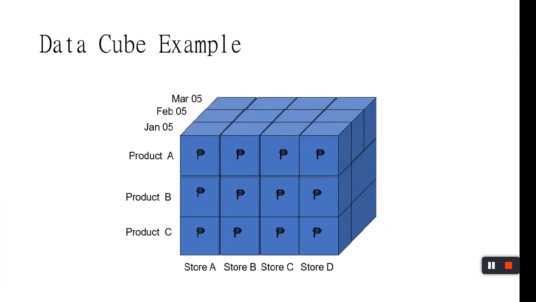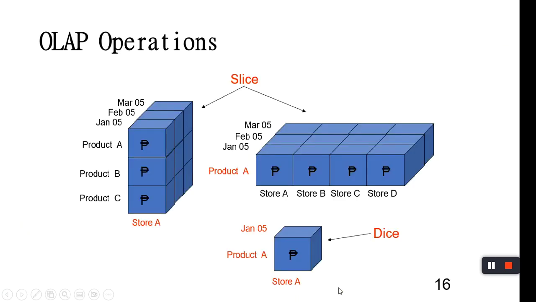Here, it's a huge cube. If you want to pick one subcube, that is a dice function. For example, you pick this cube, and this cube shows us the data on the sales of product A in store A on January 2005.